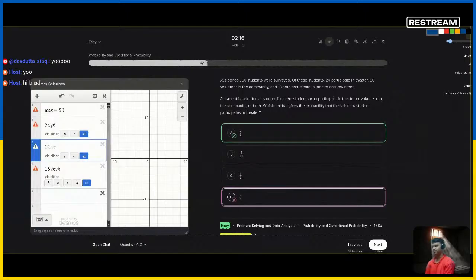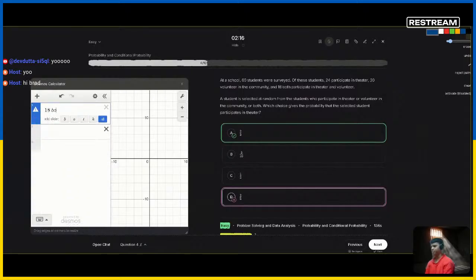Wait, wait, wait. 24 plus 30 plus 18. Okay, we want 60, right? Because 60 is the total. So 24 participated in theater, 30 volunteered in community, and 18 did both.